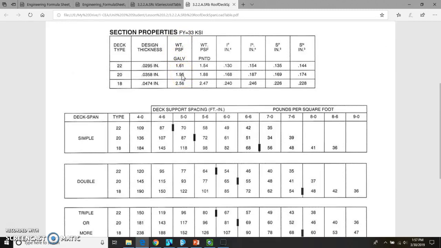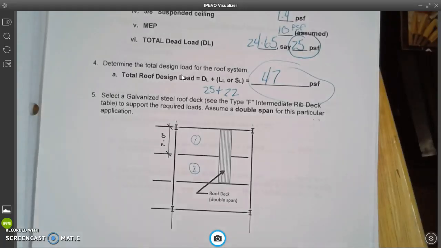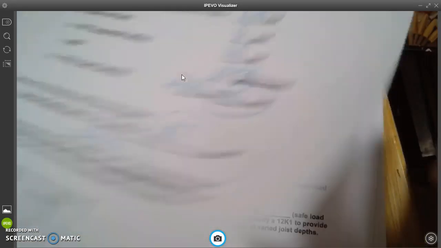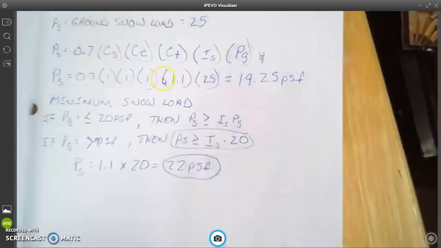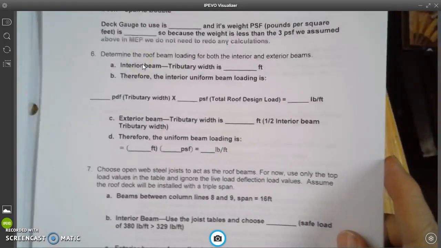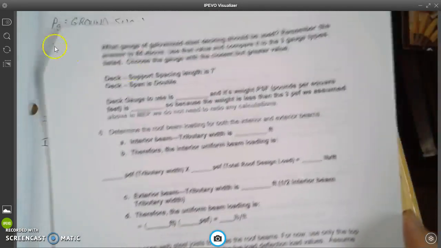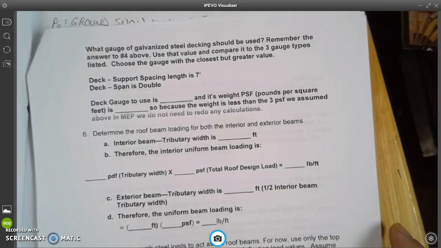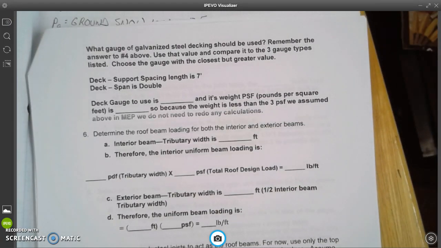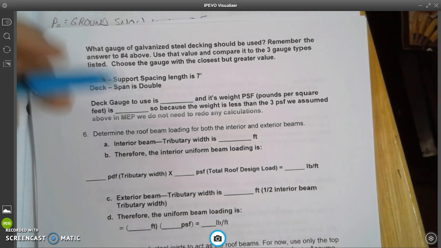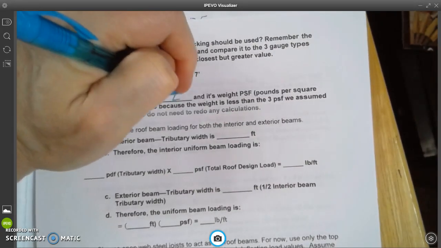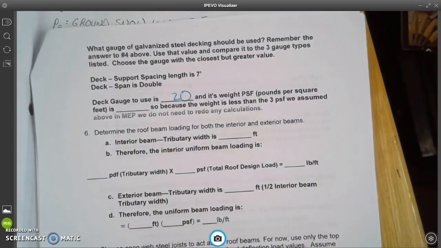So back to my worksheet, I guess, is a better way to put it. For question number 5 here, it says what gauge of galvanized steel decking should be used? Well, that was 20. So the deck gauge to use is 20. And it tells you in the question there to remember the answer to number 4 above.